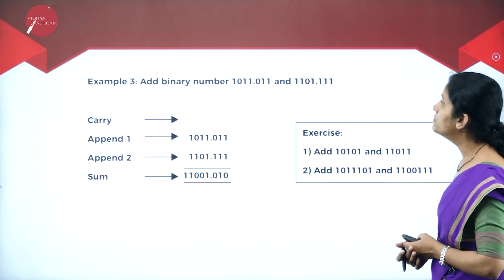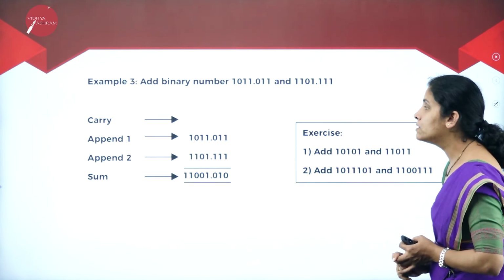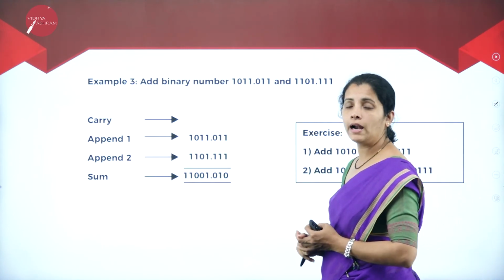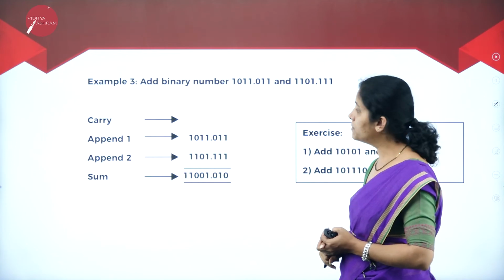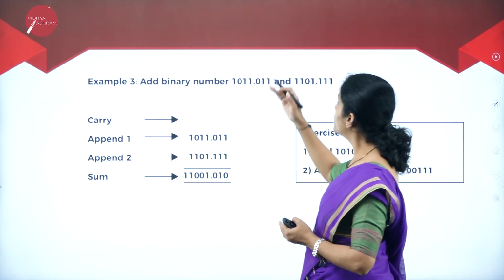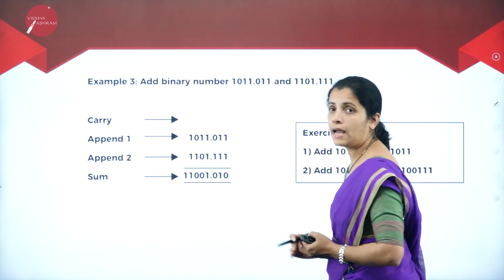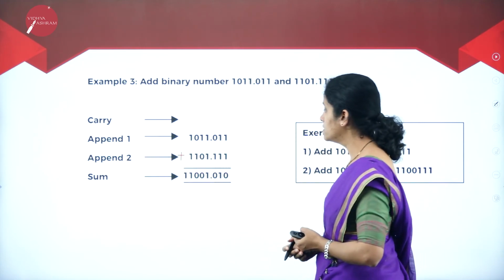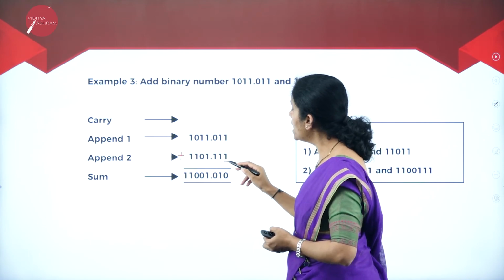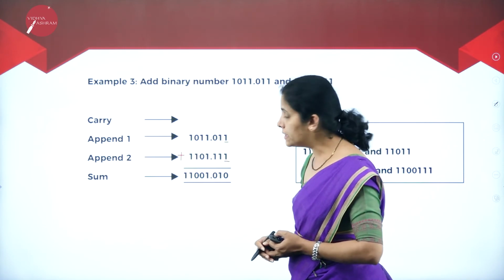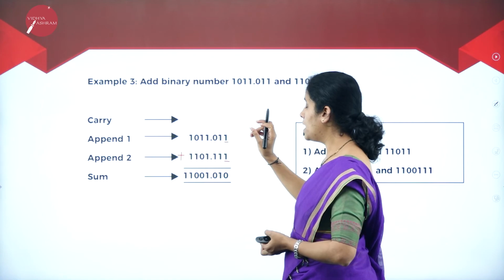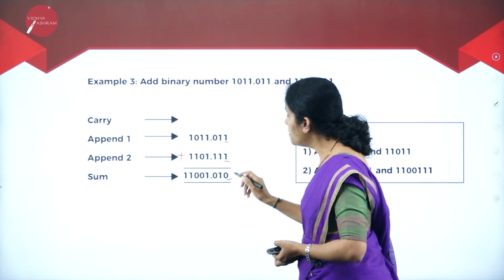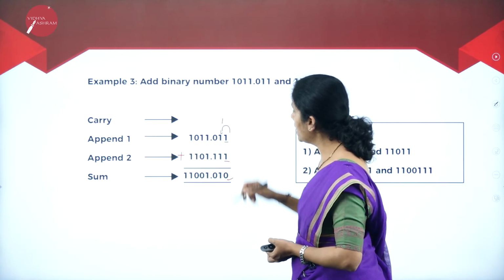Moving further, I'm going to consider another example. Here, I'm going to have the integral part as well as the fractional part. Now, I'm going to write the binary numbers as they are, and I'm going to perform the addition operation. So, here I have 1 and 1. That is nothing but 1 plus 1, it is 0. That is 0 is sum and 1 is carry.